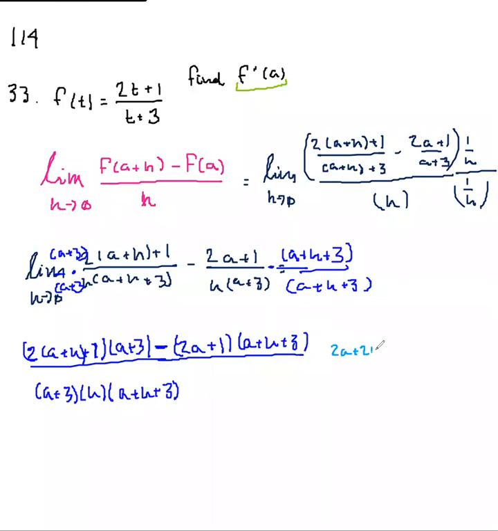2a plus 2h plus 1 times a plus 3 minus 2a plus 1. Okay. Sorry.